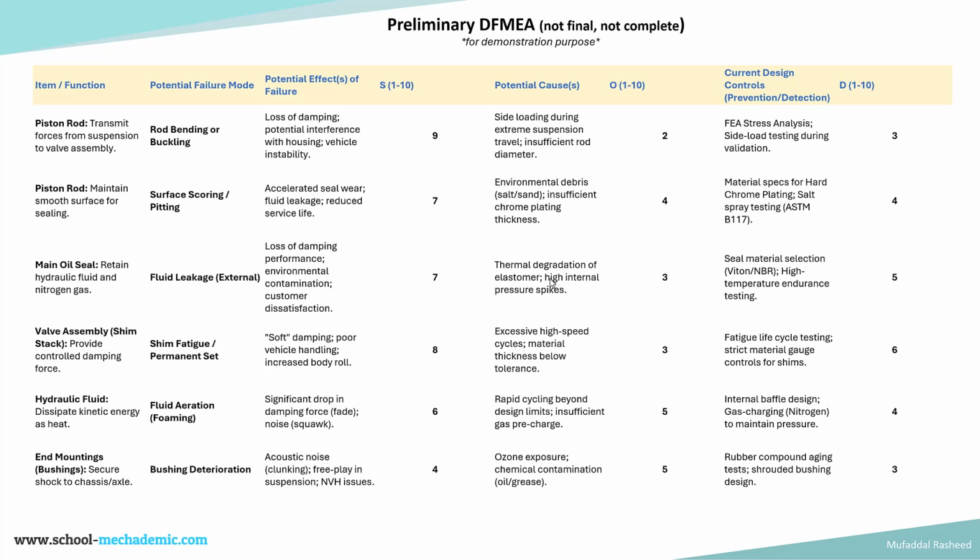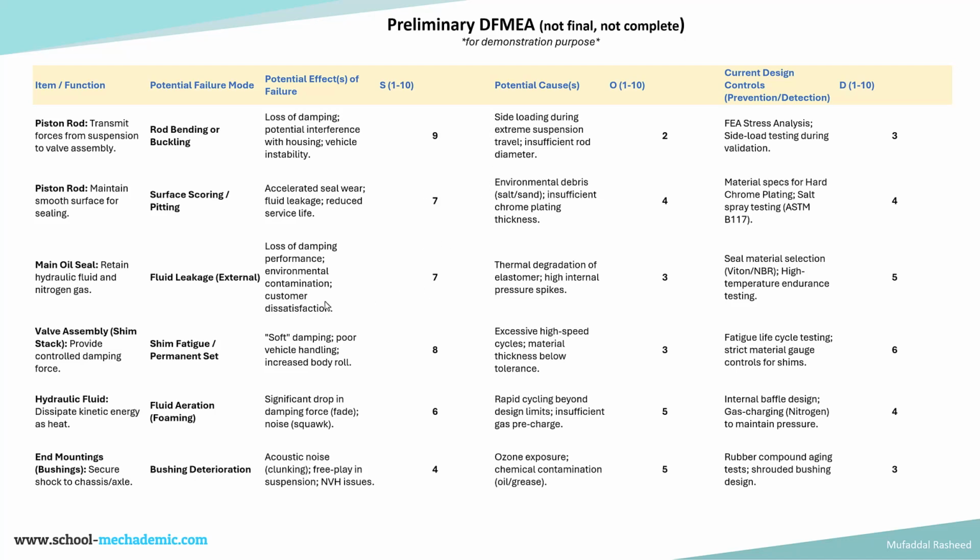Potential causes can be that thermal degradation of the elastomer has happened. The seal elastomer, which is used for making the oil seal, if that has undergone thermal degradation, then the seal would have failed. Or if there are very high internal pressure spikes, which cause the failure of the seal. So the severity is 7. Of course, it's not the highest.